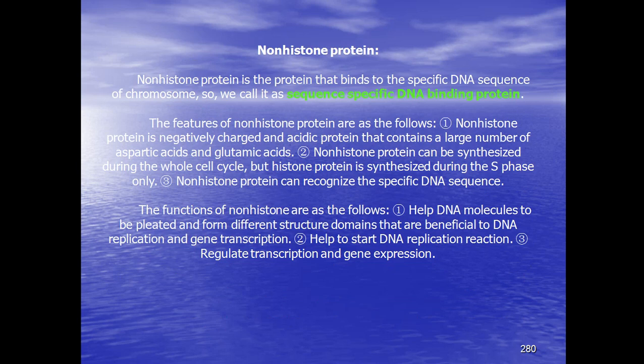Then non-histone proteins. There is also some amount of non-histone proteins. They are negatively charged and acidic proteins, made up of a large number of aspartic acid and glutamic acid. They are synthesized in the entire phase of the cell cycle. But remember, histone proteins are synthesized only during the synthetic phase of the cell cycle.